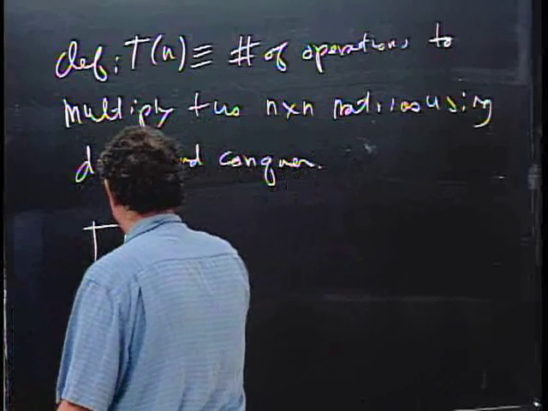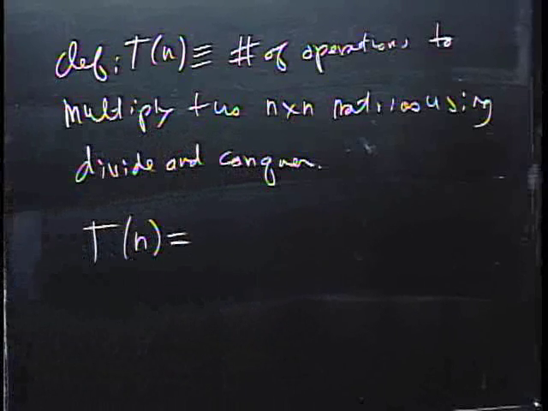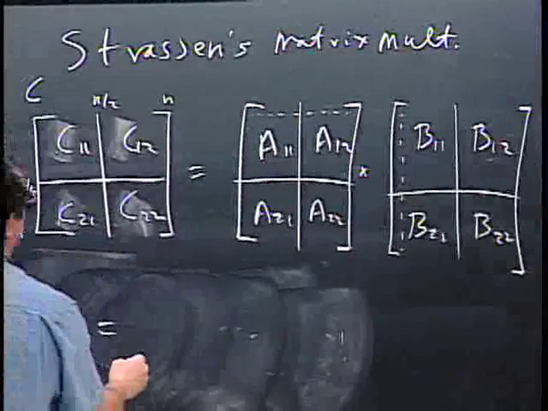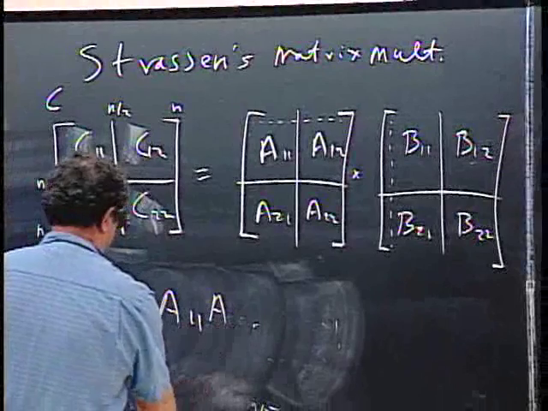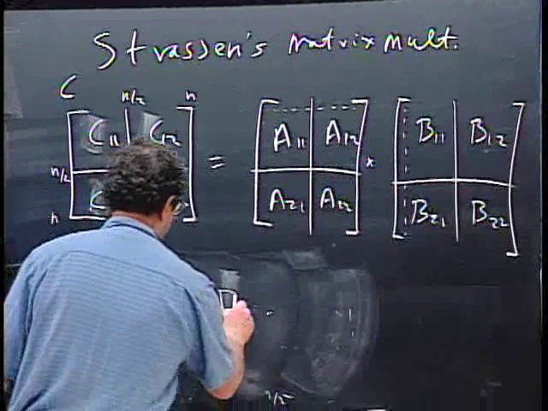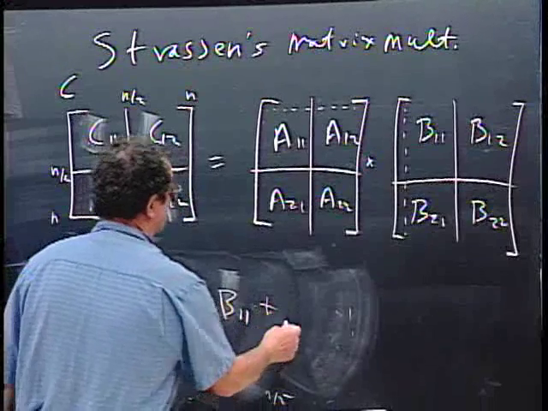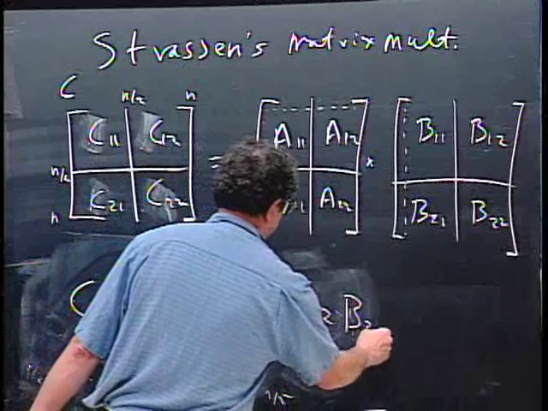Well, okay, T of n, what do we have? Oh, I erased it. That's unfortunate. Let me put this back. C11 is equal to A11 B11 plus A12 B21.